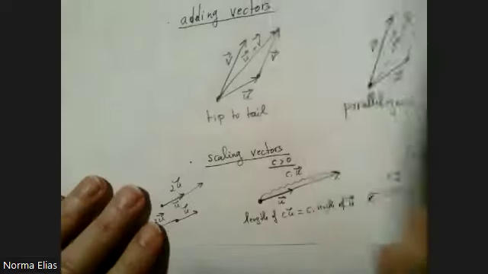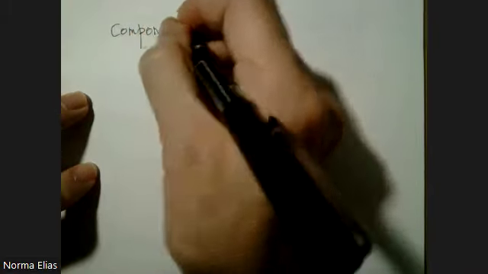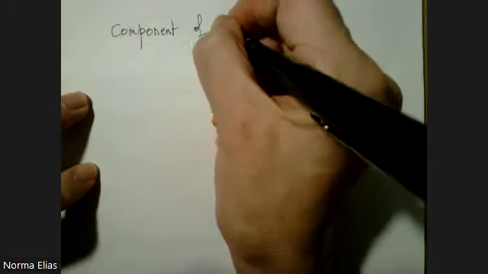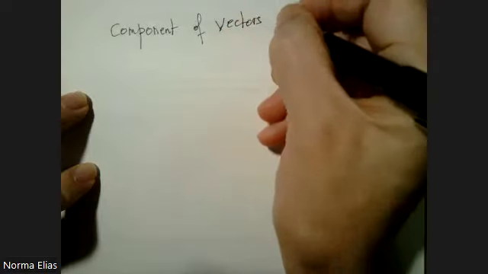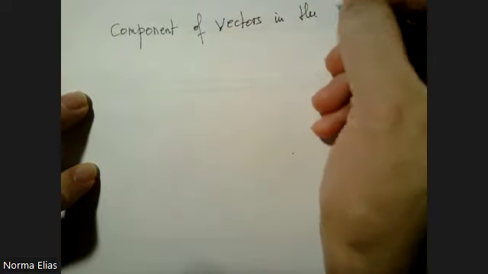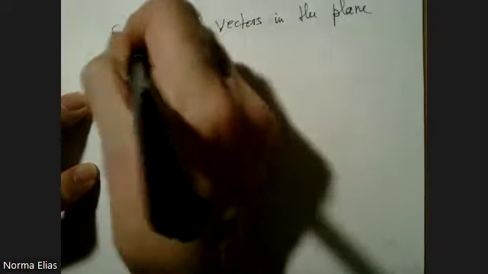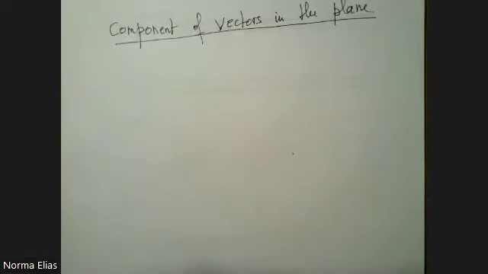Now, part two is, to be able to work with vectors, in math or in physics, we make them algebraic in nature. It means we give them components. So let us talk a little bit about components of vectors in the plane. First, an important note.